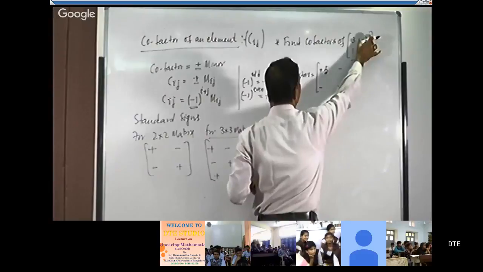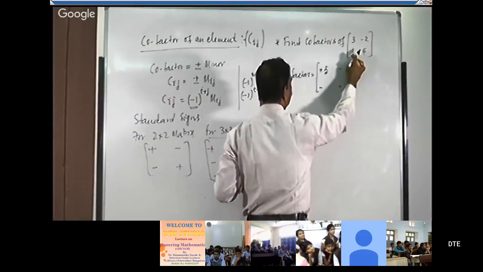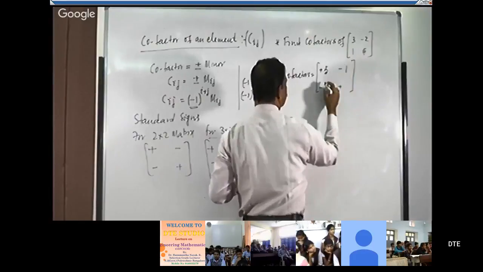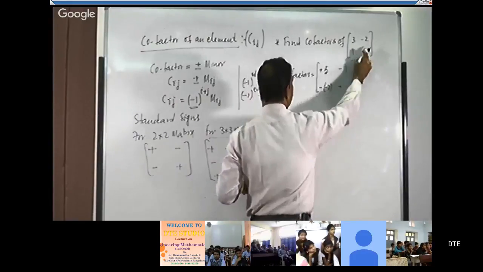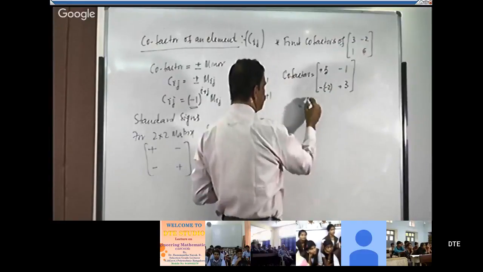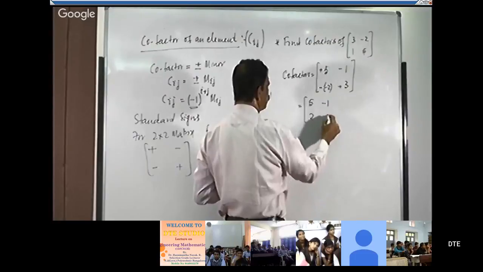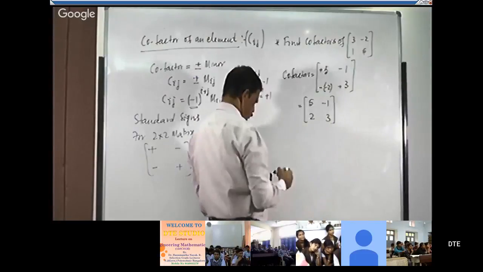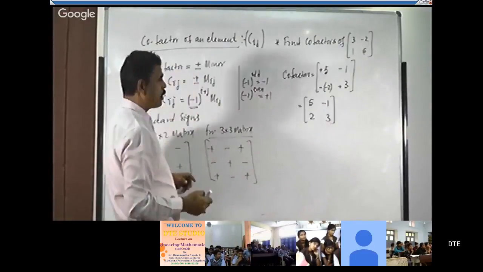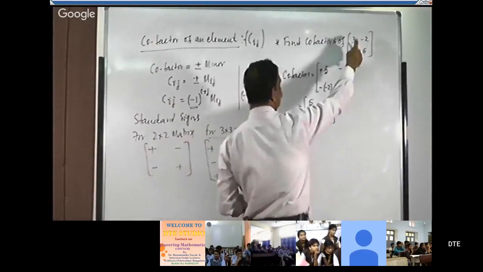Minor of minus 2 is 1. Minor of 1 is minus 2. Minor of 5 is 3. So the answer is 5, minus 1, 2, 3. This is the cofactor of each element of the given matrix.